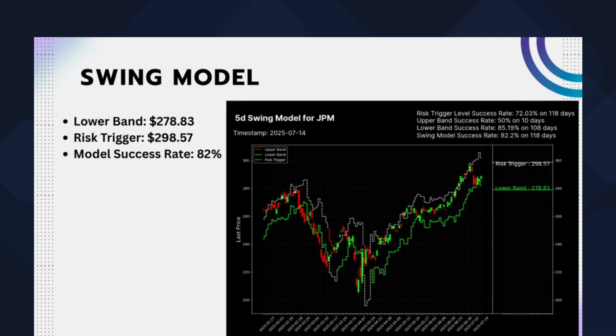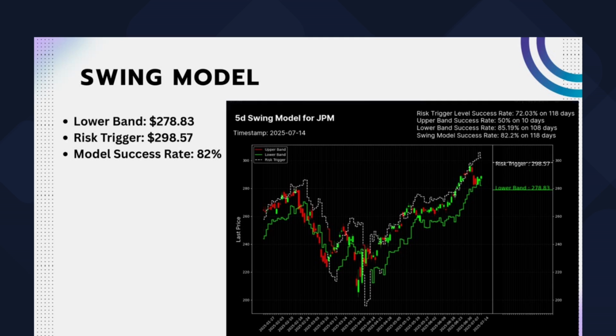And then next, we can look at our swing model. The swing model is telling us our lower and upper level for the next 5 days. So this was the data that you would have got on July 15th, the day of the earnings. We have our lower band at 278.83, and we have a risk trigger at 298.57. The model success rate over the past 118 days was 82%.